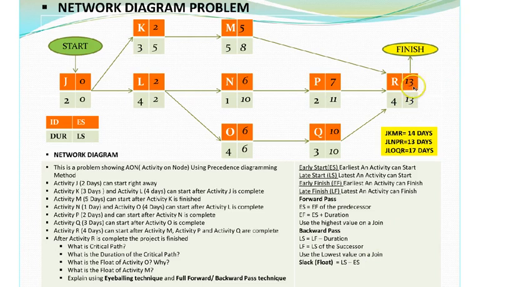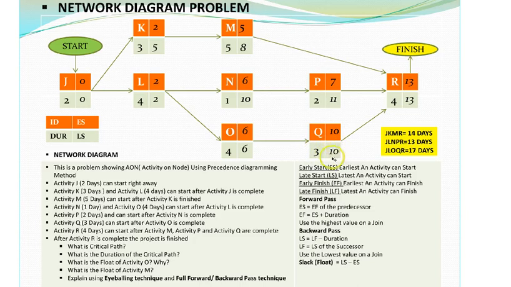Now R is going to P, R is going to M, and R is going to Q. So to get the value of Q, we have the late start, which is 13, minus the duration of Q, which is 3.